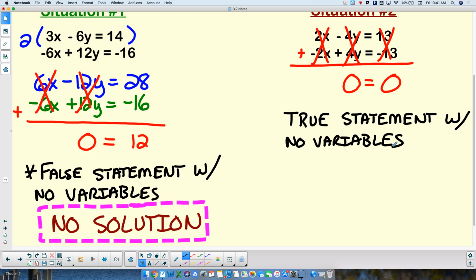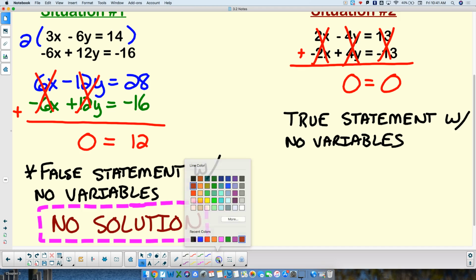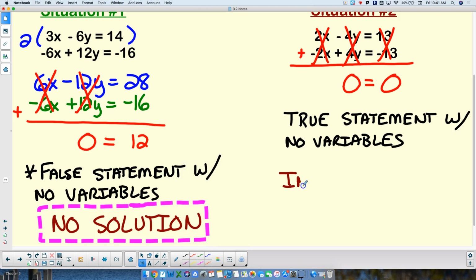So the true statement that you would get would be 0 equals 0 with no variables. That then becomes our infinite solutions.